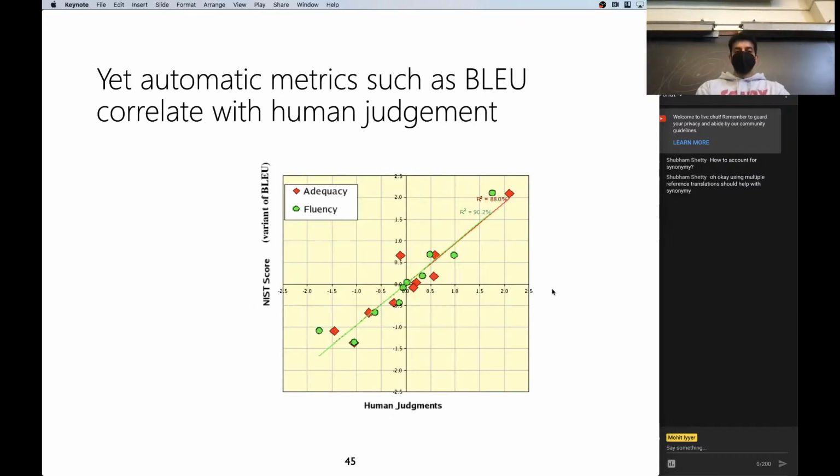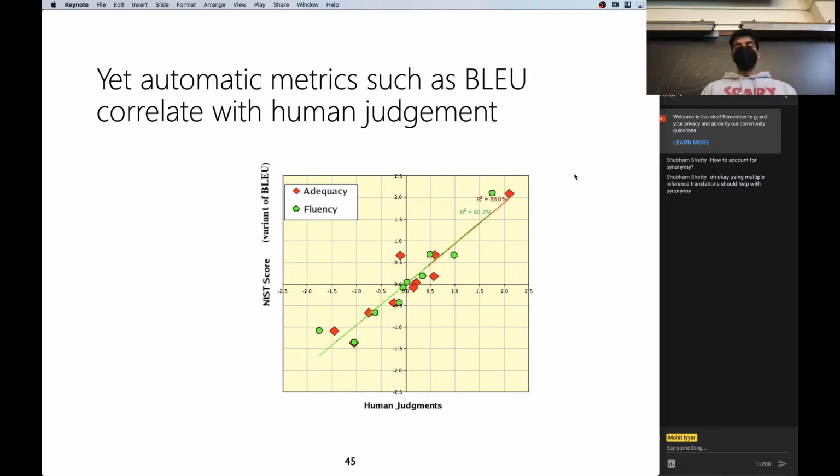That's a good segue into this slide. So despite all of these flaws, there's still a correlation between the BLEU score and these judgments of things like adequacy and fluency that we get from human evaluators. While the absolute upper bound of the BLEU score is not 100, the number does seem to correlate. If you have a translation system that gets a low BLEU score, it's also likely to have low adequacy and fluency scores as measured by human experts. So this plot shows this correlation. This is showing the NIST score here, which is a variant of BLEU, but very similar.